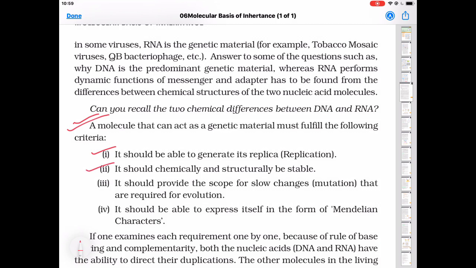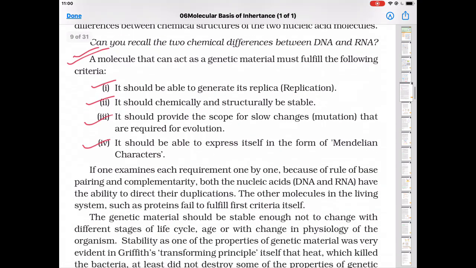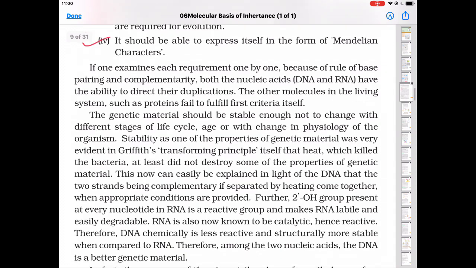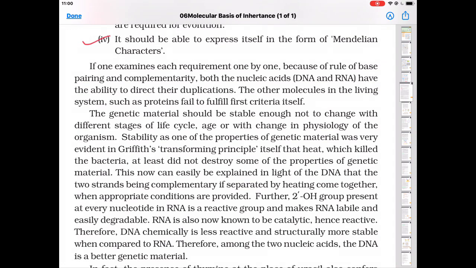Third, it should provide the scope for slow change, so that it is able to evolve. Fourth, it should be able to express itself in the form of Mendelian characters. So these are the criteria that must be fulfilled by a molecule that has to act as a genetic material.